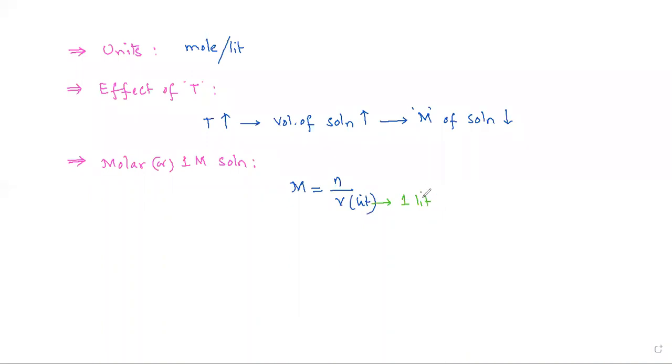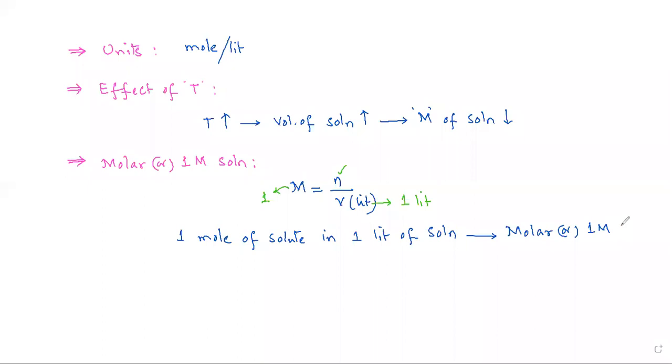A constant value as per the definition. Now, if you want this to be 1, the number of moles has to be, of course, 1, right? So, molar or 1M can be defined as a solution having 1 mole of a solute in 1 liter of solution. If 1 mole of solute is in 1 liter of the solution, we call it molar or 1M solution.